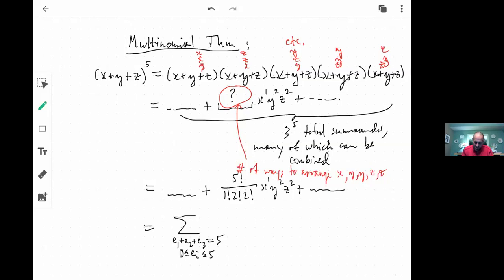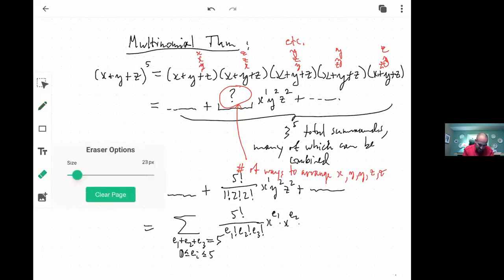So what is this going to be? Well, it's going to be 5 factorial over e1 factorial, e2 factorial, e3 factorial. And then it's going to be x to the e1 times, or sorry, this should be a y to the e2, z to the e3.